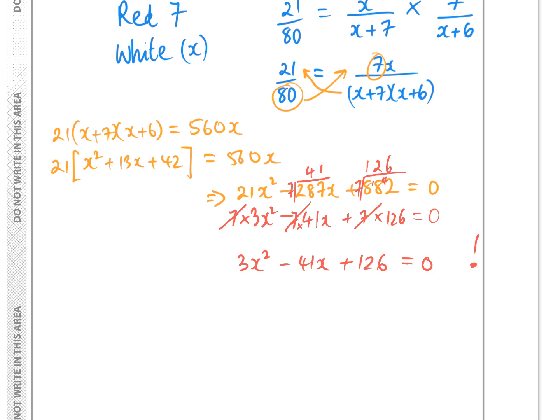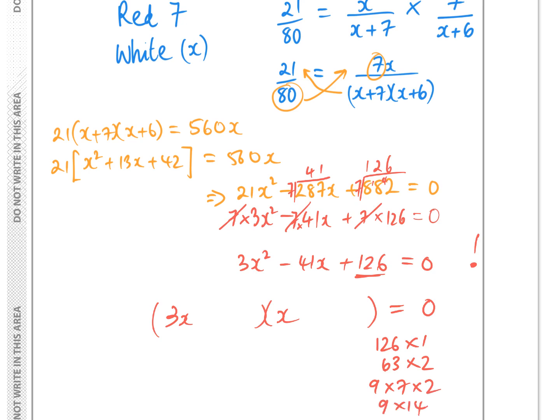Now, if you want to factorise this, I'm sure at this level a lot of you are reasonably comfortable with this. So factors of 126, well, you can have 126 times 1, 63 times 2, 63 is 9 times 7, and if you had 9 and 14, if we did the 3 with the 9, that would give us 27, and we'd only need another 14 more, so the 14 could go in here.